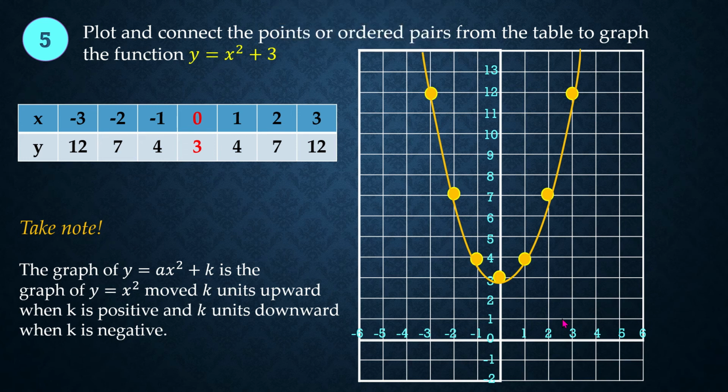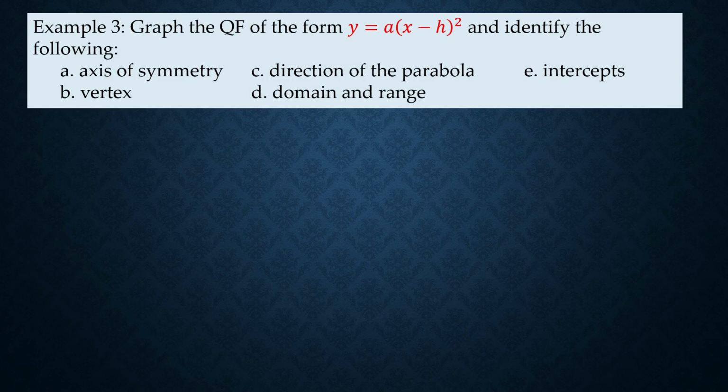So to continue, we'll be moving to the third example. Example number 3 is graphing a quadratic function of the form y is equal to a times the square of x minus h, and identifying the axis of symmetry, vertex, direction of the parabola, domain and range, then intercepts.